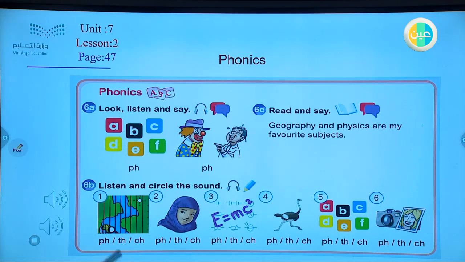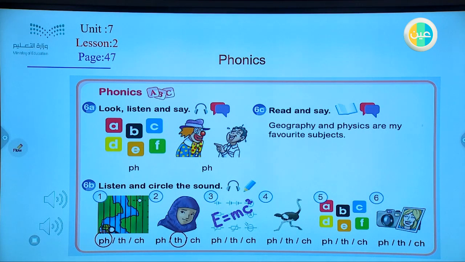Okay. Unit 7. Let's do this together. Lesson 2. Activity 6B. Phonics. Listen and circle the sound. 1. Geography. 2. Mother. 3.